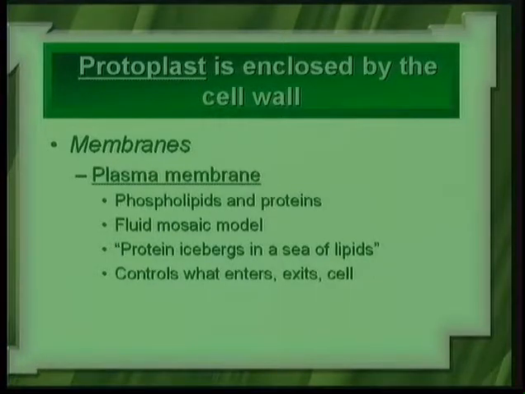Another thing about membranes is that almost all organelles inside of the plant cell have membranes around them. They're either membranous organelles, or they have membranes around them. So membranes are very important in terms of what can get into a cell, what can leave a cell, what can get into a nucleus, what can leave a nucleus, and so on.